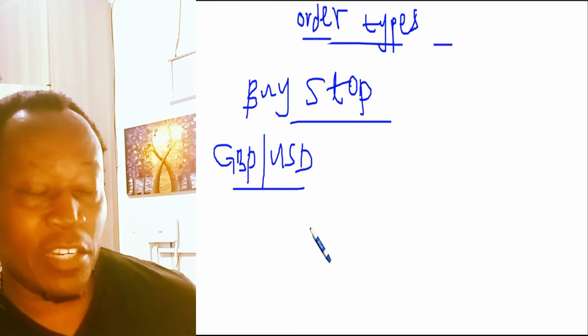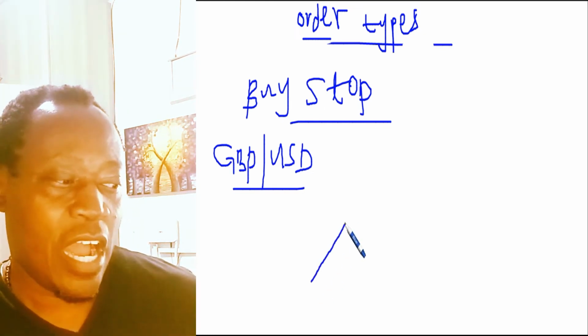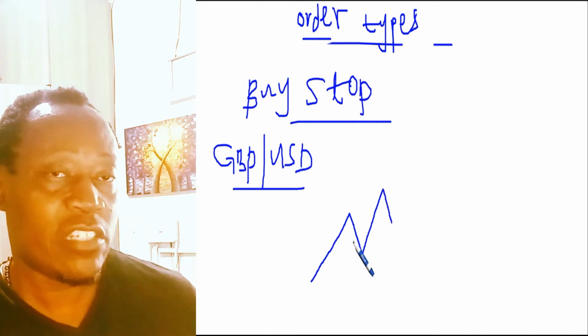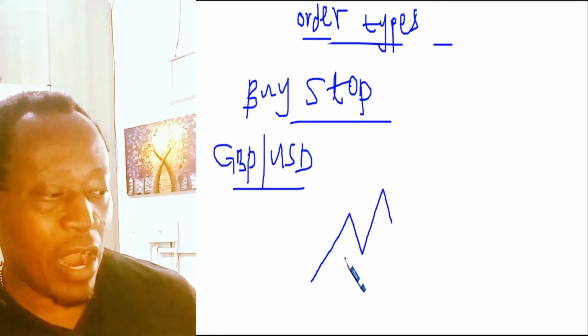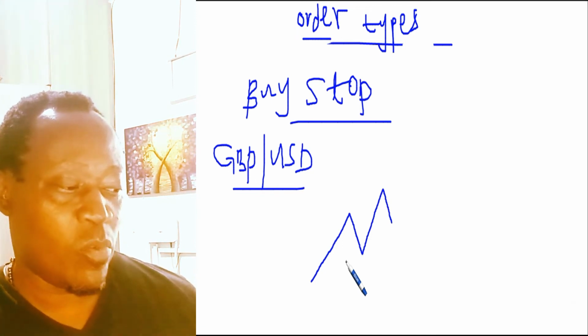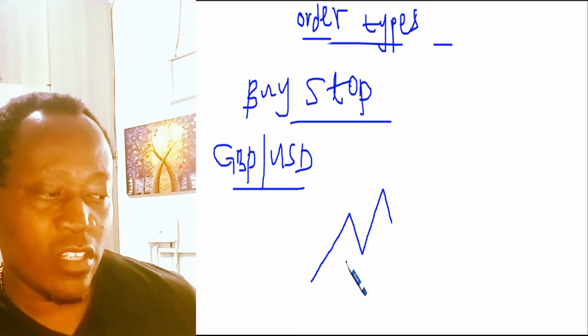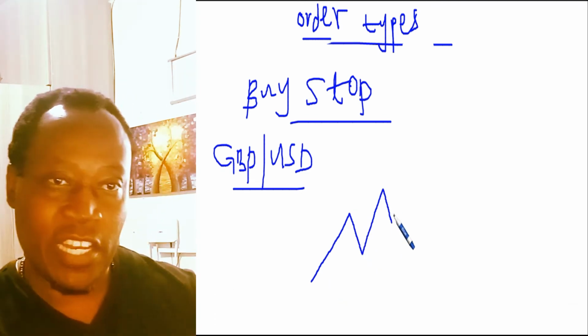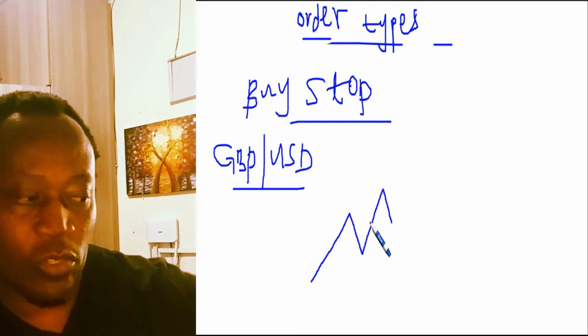We're going to be looking at proper price, how price is represented in the trading platform. Next time in our next video, you're going to be seeing how price moves like this, and you'll understand why I'm doing these things. So for now, just know price is going up, so I'm making a wave that is going upwards, just to get you to understand that price is in a buy direction.